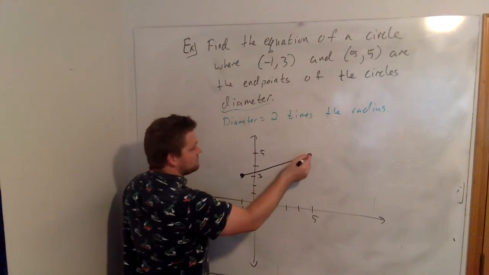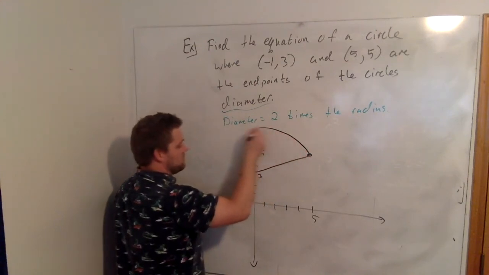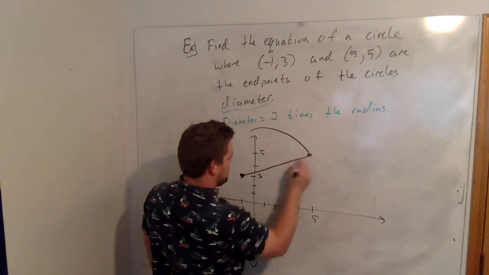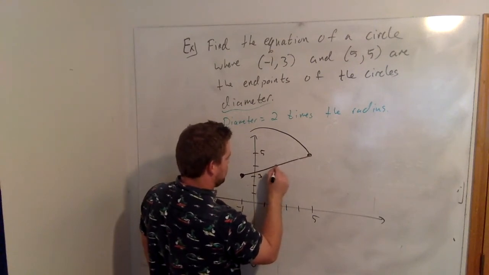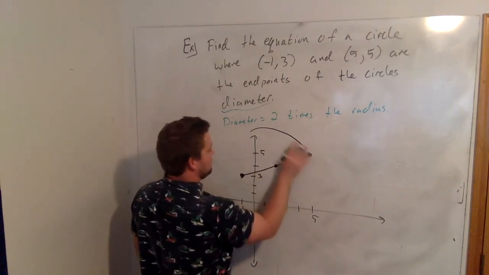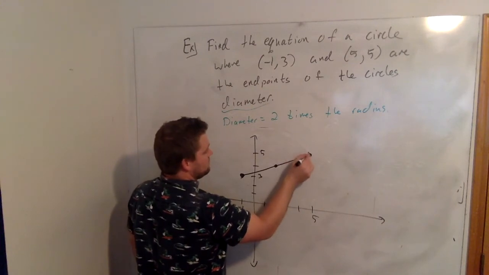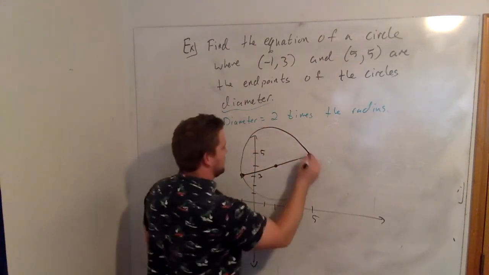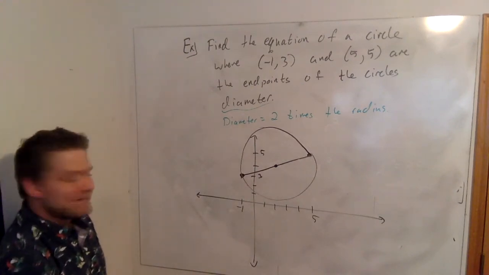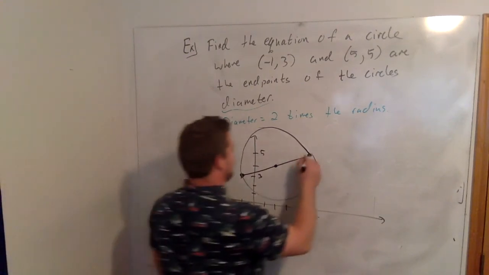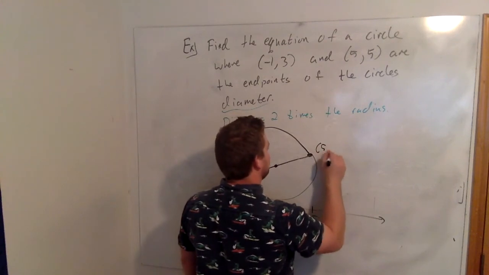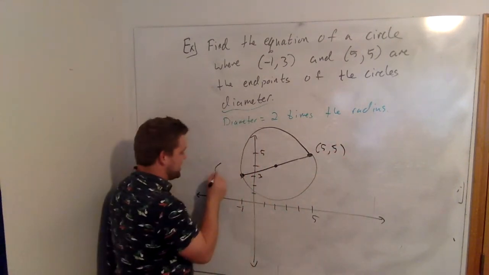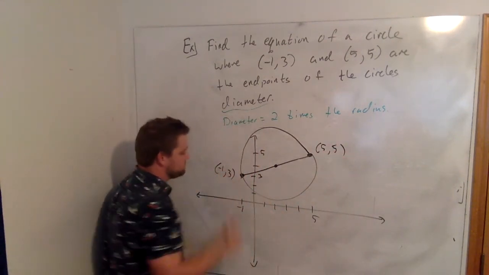And we have a circle. I'll attempt to draw the circle. Roughly, I'm thinking this will be the center of the circle. Let's see if we can draw a good circle. Okay, that's my best attempt. So here we have this circle, and we have these points as the endpoints of the diameter, (5, 5) and (−1, 3).